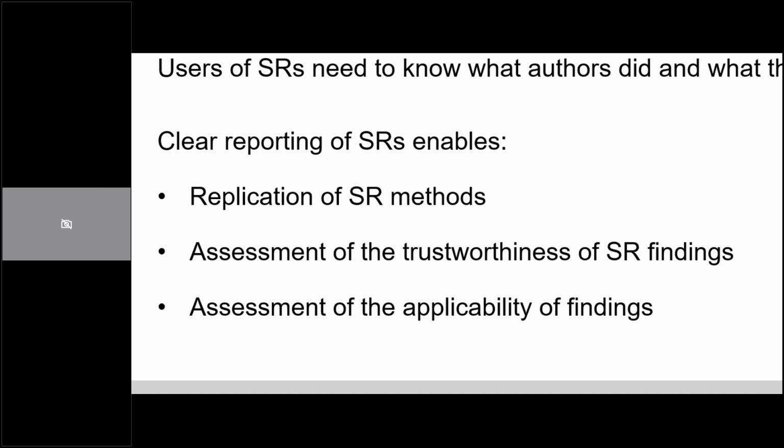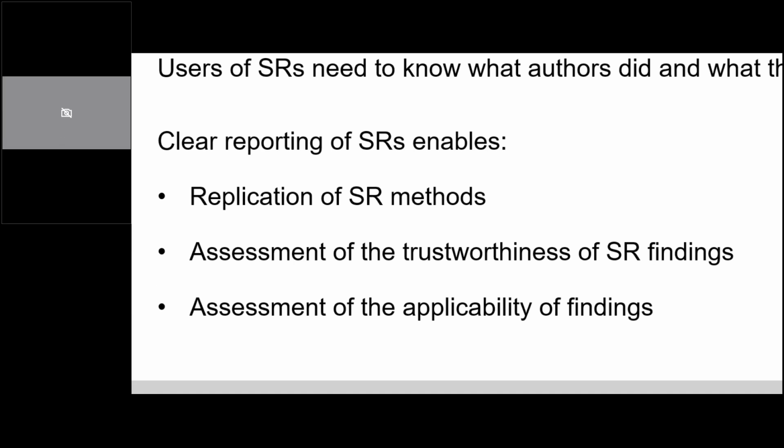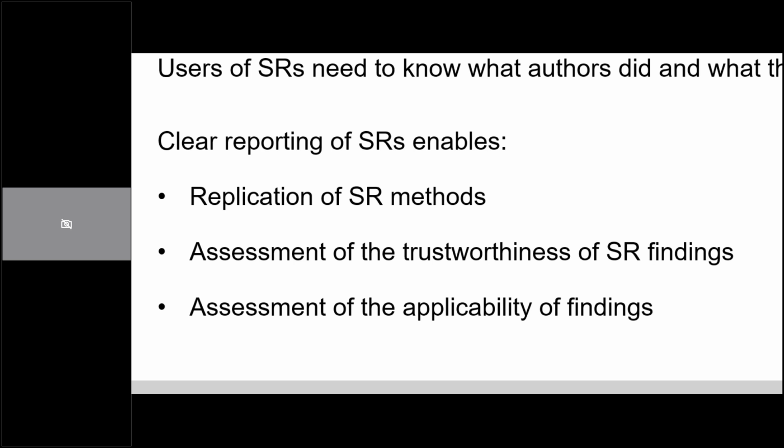Any of you who have been involved in appraising a published systematic review will probably have been confronted with the fact that some of your assessments of risk of bias via AMSTAR or ROBIS are often rated as unclear risk of bias because some key piece of information about the methods was just not reported. So clear reporting should prevent these unclear risk of bias judgments.